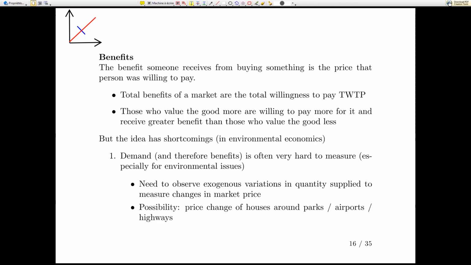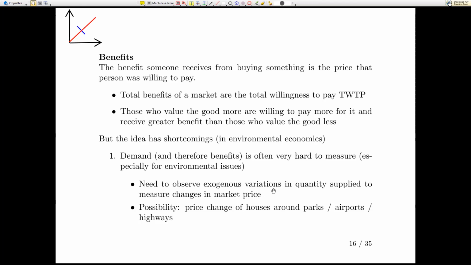And then you can observe how much is going to be consumed in the world when the price of oil increases like this. And you observe that, oh yes, the quantity consumed was lower, and then you can see how much. But in other circumstances, in the real world, you cannot observe exogenous variations like this.